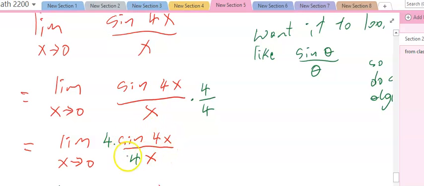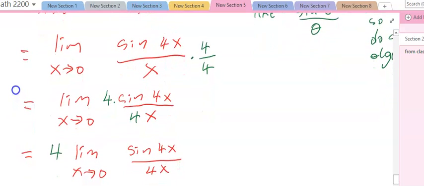Now, knowing the limit law that has to do with multiplying the limit of c times f of x, where c is a constant, we can pull the constant out in front of the limit. So that becomes equal to 4 times the limit as x approaches 0 of sine of 4x over 4x.